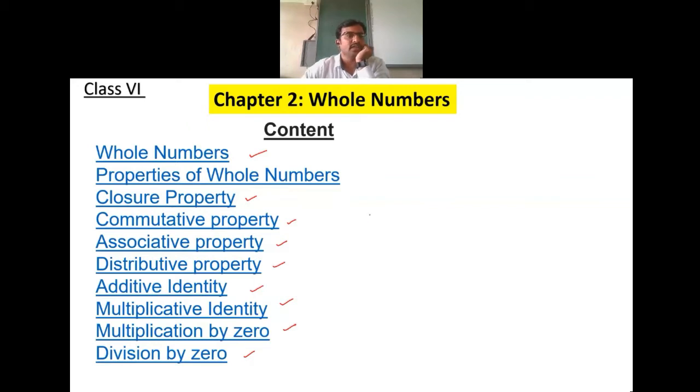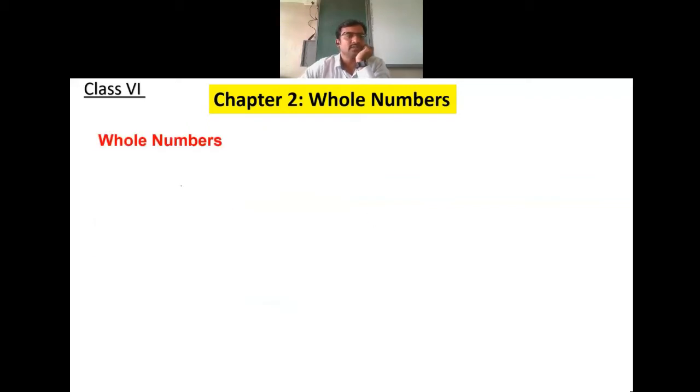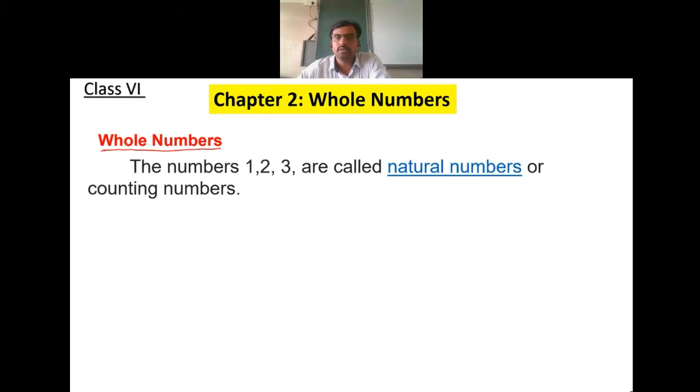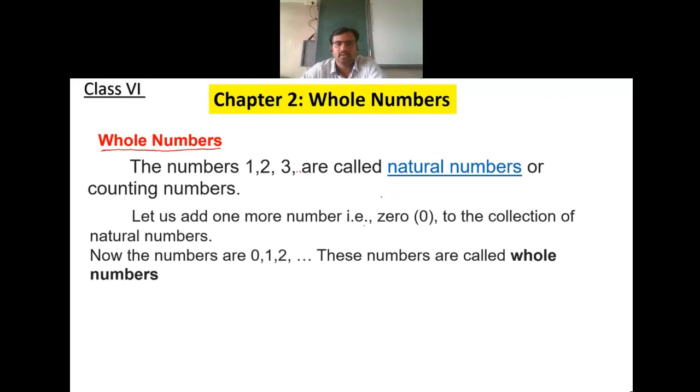To begin with, we will define whole numbers. We all have learned that counting numbers are called natural numbers. The numbers 1, 2, 3, and so on. They are natural numbers or counting numbers. Now, let us add one more number, that is 0, to the collection of natural numbers.